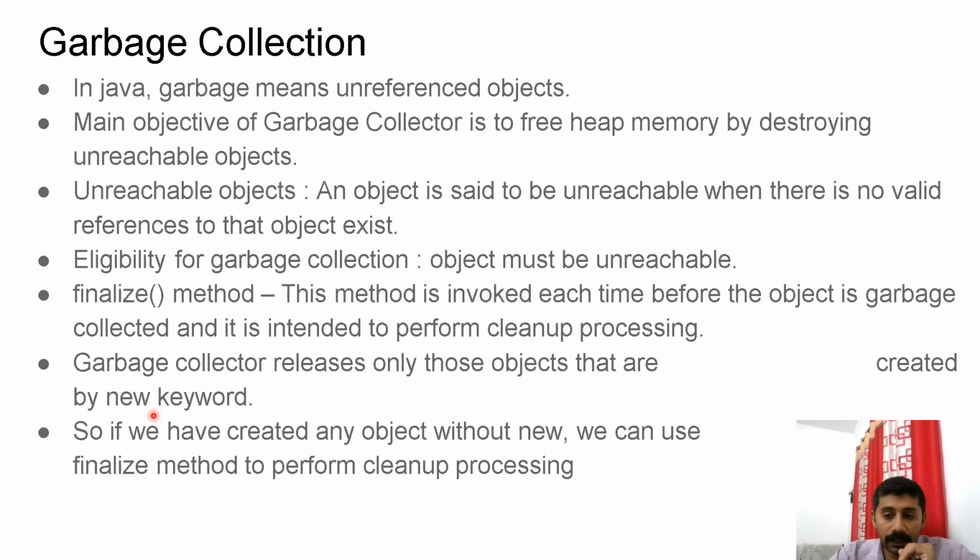If you want to free such things, meaning close the file, you have to give that in your finalize method. So at the time of releasing your main object from memory, this finalize method will be executed. Whatever instructions you have given in finalize will be executed, and it will do all the cleanup operations.